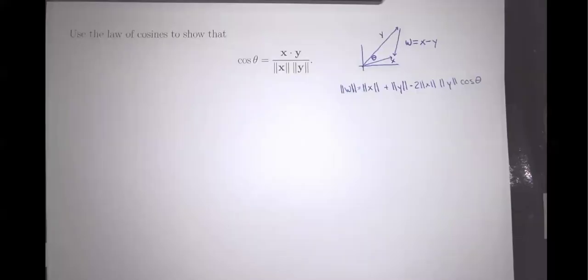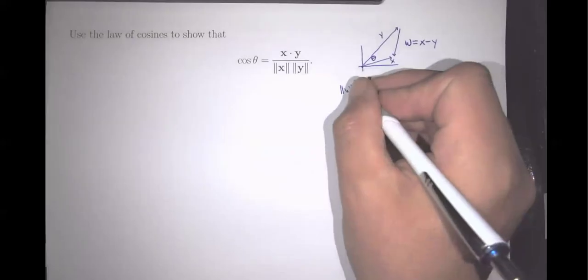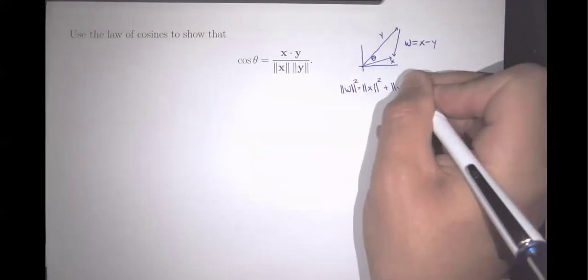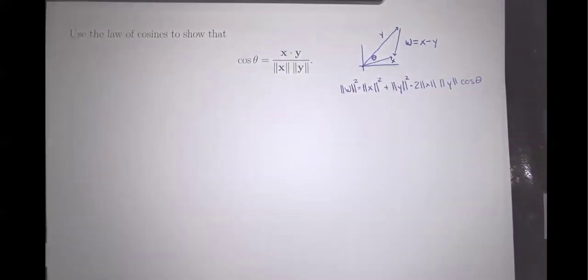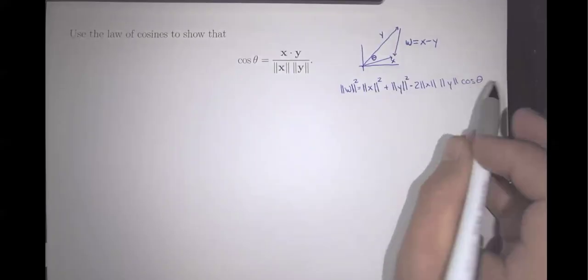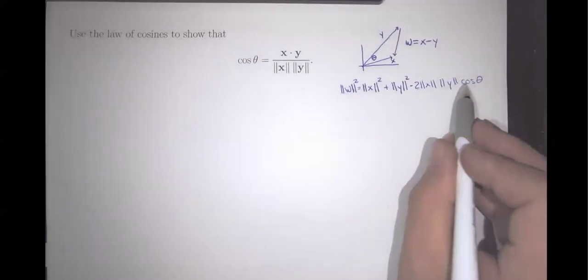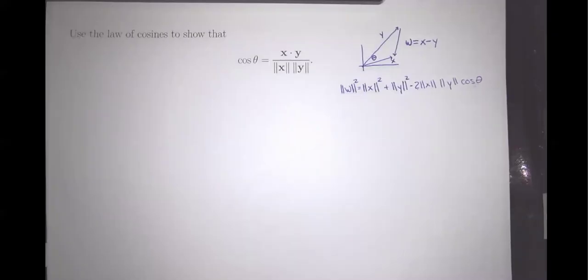And of course, this is where the Pythagorean theorem comes from. The length of w squared is equal to the length of x squared plus the length of y squared. And that angle is 90 degrees, which makes cosine 90 zero, and this whole nonsense at the end disappears.